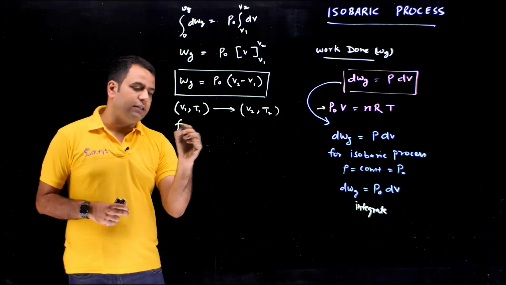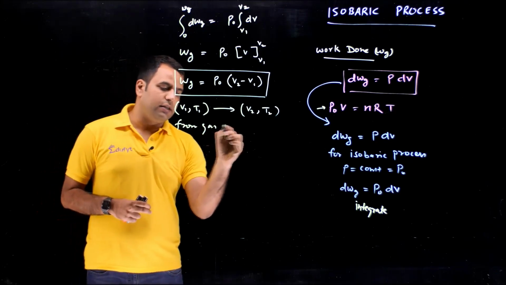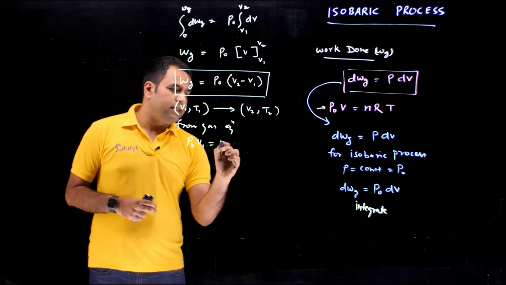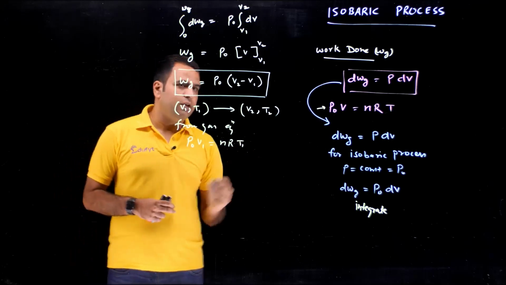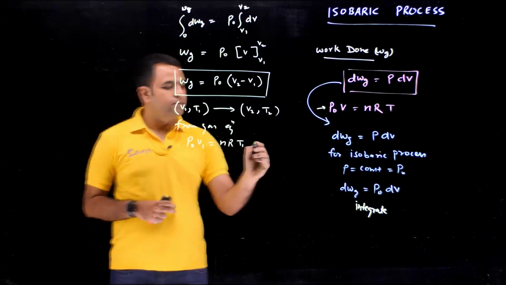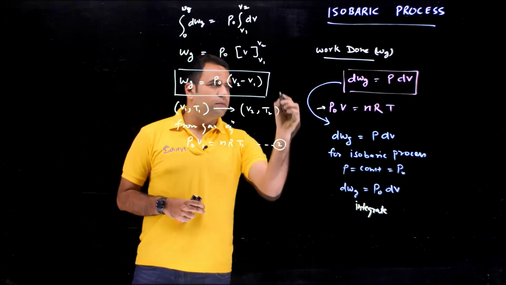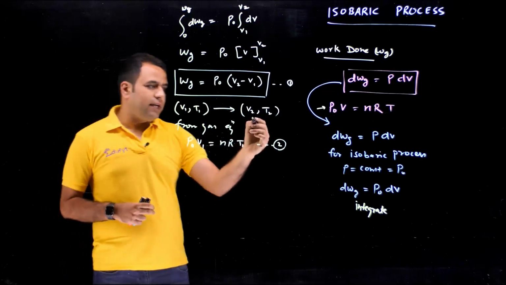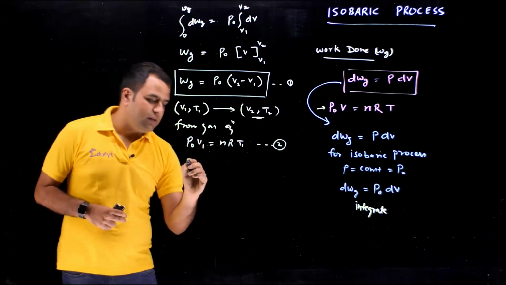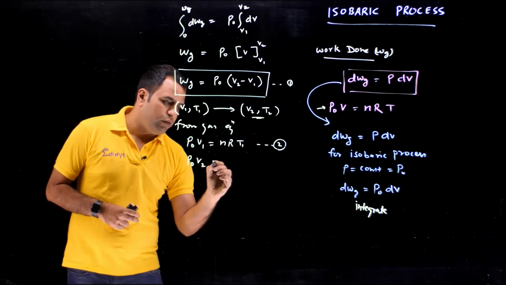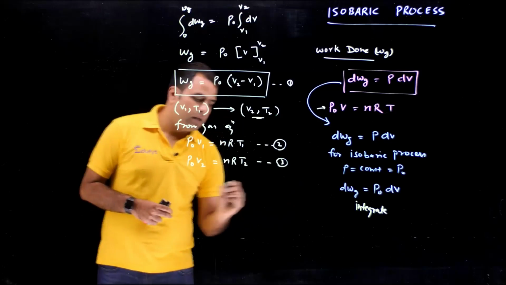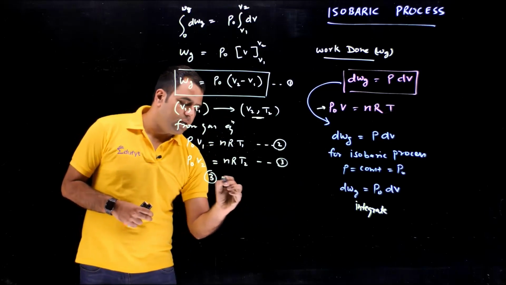From the ideal gas equation, we'll have P naught V1 is equal to nR T1. This is equation 1. And if we put the second state into the equation, we'll get P naught V2 is equal to nR T2, equation 2.